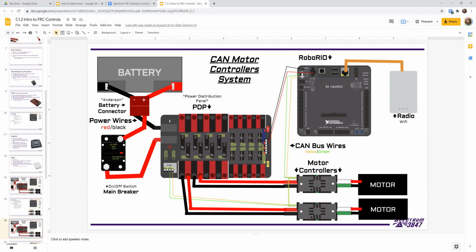So this is just like before, except now the CAN bus goes first to a motor controller. And then you can see you got one pair of green and yellow cables going to the motor controller, and then a green and yellow pair coming out and going to the next motor controller. And then those CAN bus cables come out and go to the PDP, and it terminates over here.